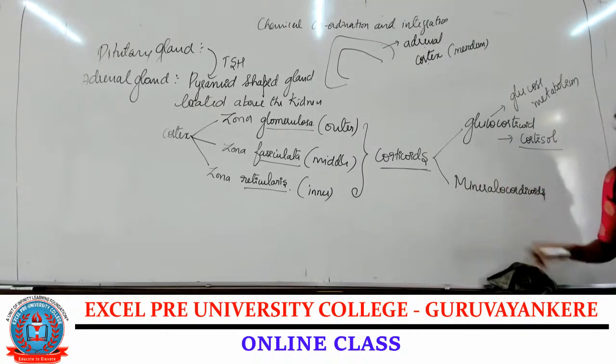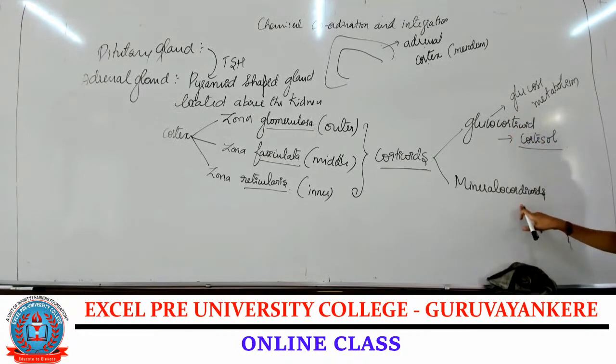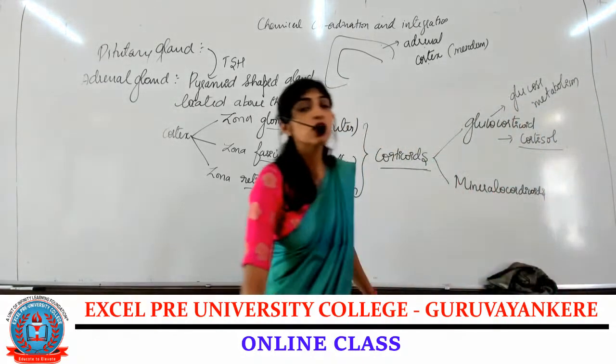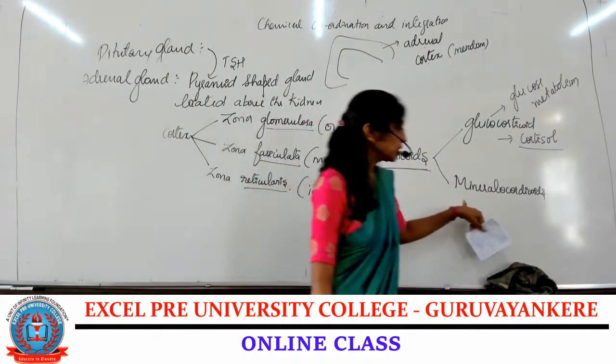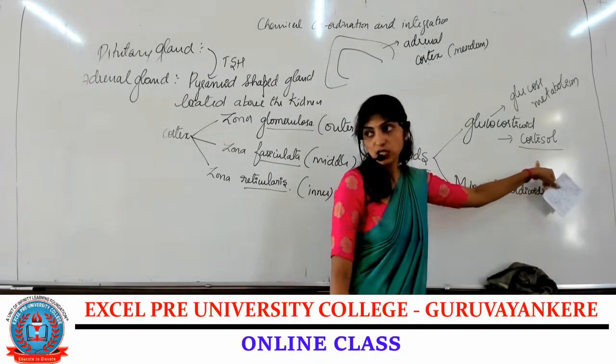Mainly 2 types of corticoids are produced: glucocorticoids, involved in glucose metabolism, with cortisol as the main one.